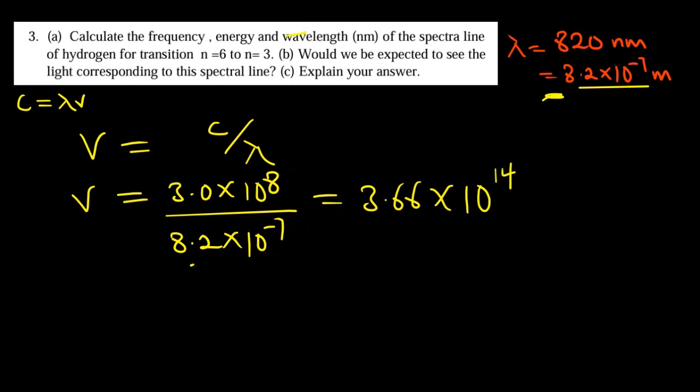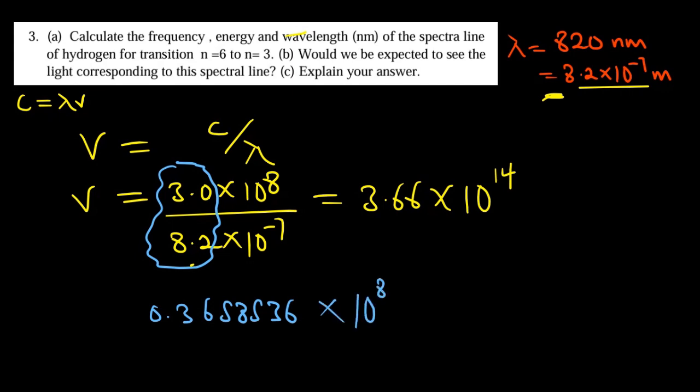You can also do it step by step. The purpose I'm telling you this, guys, is that I don't want you to suffer when dividing these numbers. We divide this alone without the 10 to the power something. So 3 divided by 8.2 gives me 0.365853 whatever, multiplied by 10 to the power 8, and since I'm dividing, I subtract the power, so it is minus minus 7, which is 8 plus 7, which is 15.